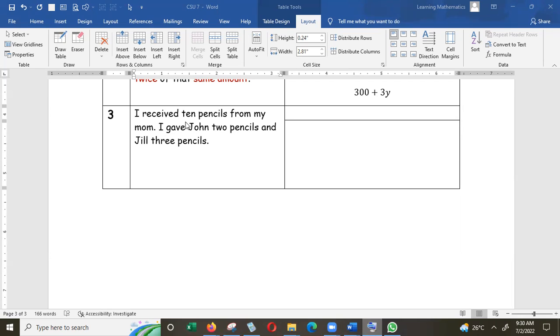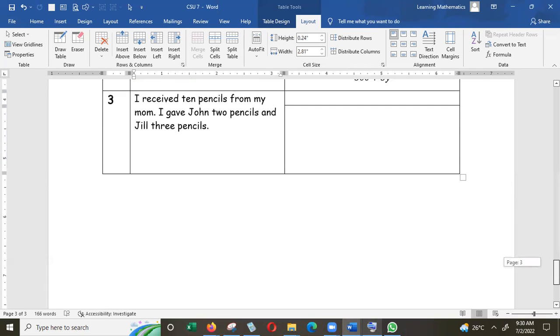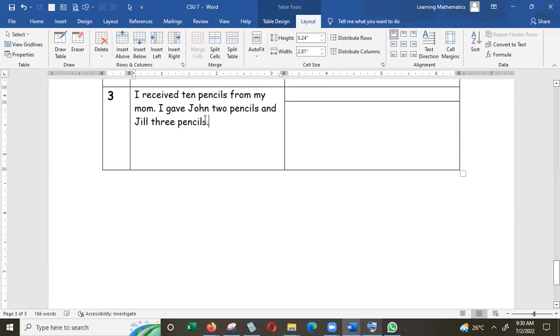Now, these words can be translated to symbolic form. You have to look for some keywords in mathematics. Keywords in mathematics have their translation. Once you communicate quantitatively, then these quantitative words have their translation in mathematics.